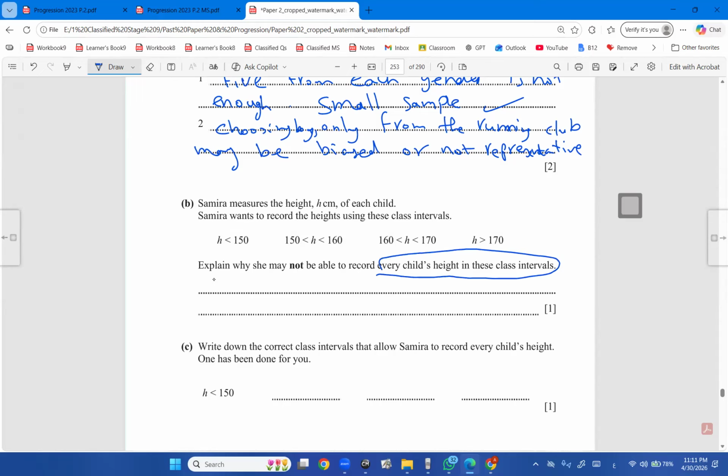Actually, because she will miss 150. Look at that. She got intervals for height less than 150, but 150 is not included. Height greater than 150, less than 160. Well, the 150 is still not included, and now we pass it, and the 160 is also not included.